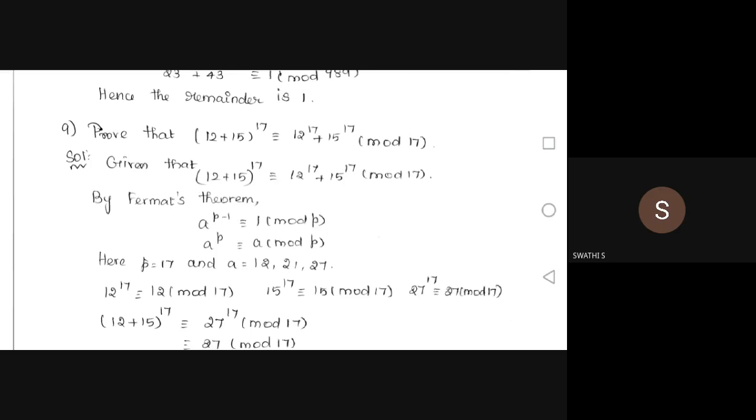And the next problem: prove that (12 plus 15) to the power 17 is congruent to 12 power 17 plus 15 power 17 under mod 17.